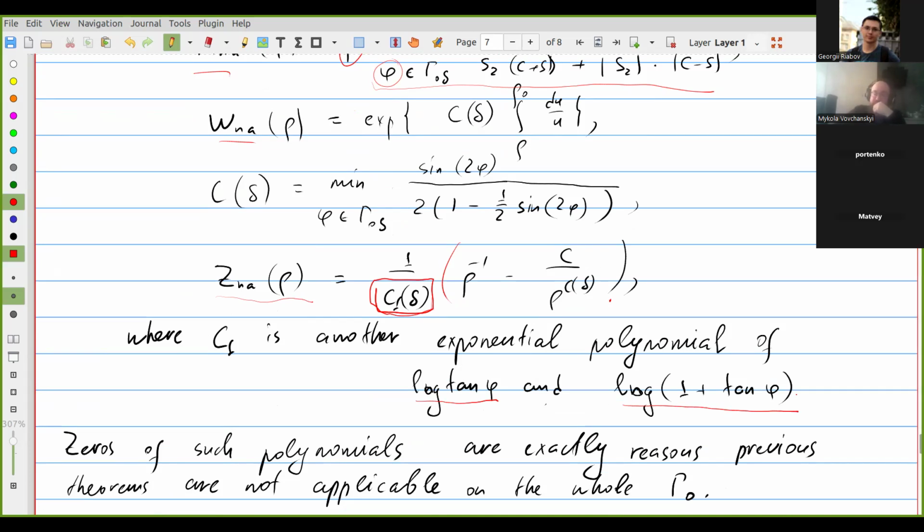If alpha is rational, it's very easy to check that it's actually an exponential polynomial of just this.